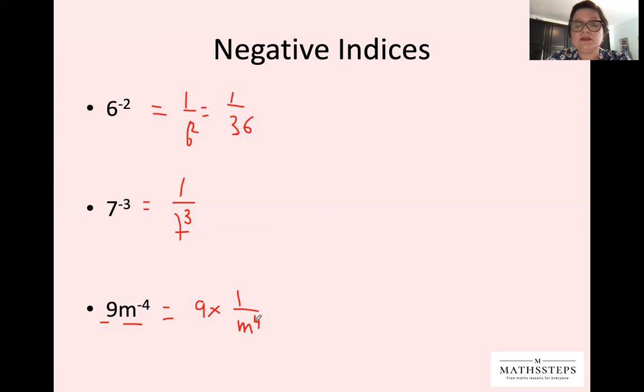Can you see? So 1 over m to the power of 4 is just this bit here. Now 9 times 1 over m to the power of 4 is the same as 9 over m to the power of 4. So you can put this 9 in the numerator and it means exactly the same thing.